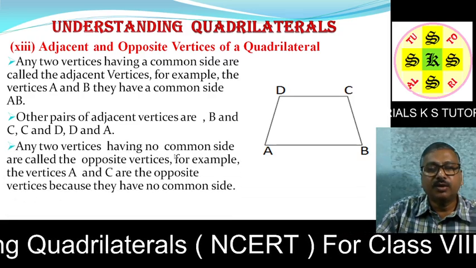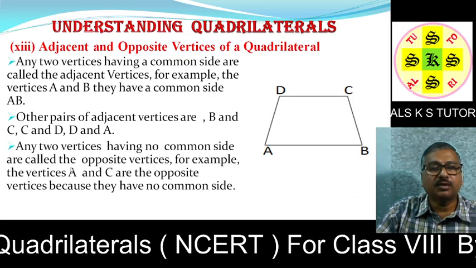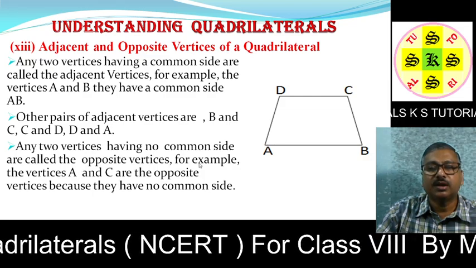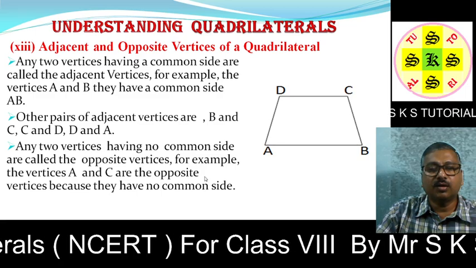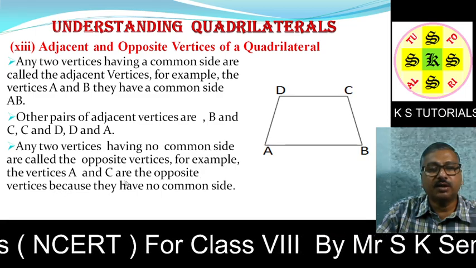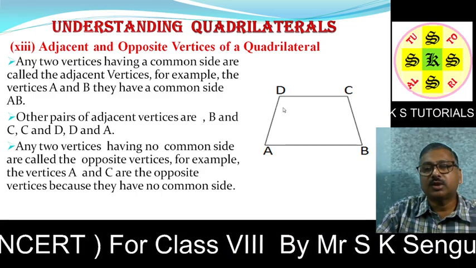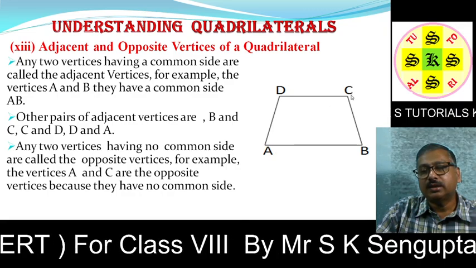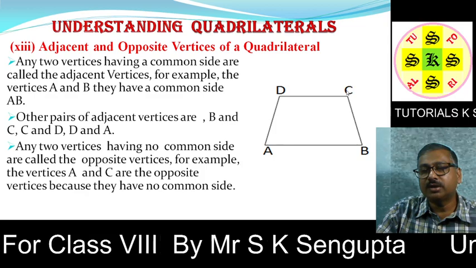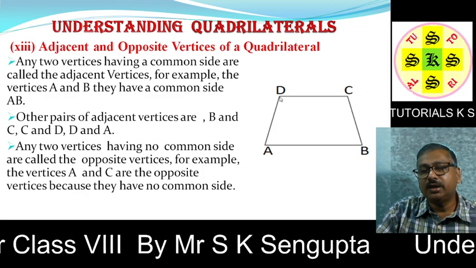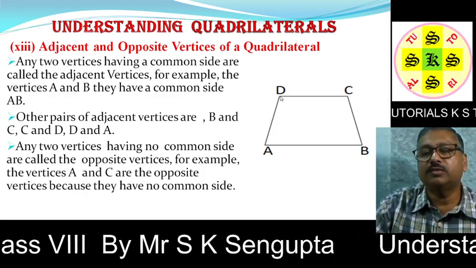Any two vertices having no common side are called opposite vertices. For example, the vertices A and C are opposite vertices because they have no common side. A and C are not having any common side, so they are opposite vertices. Similarly B and D are another pair of opposite vertices.